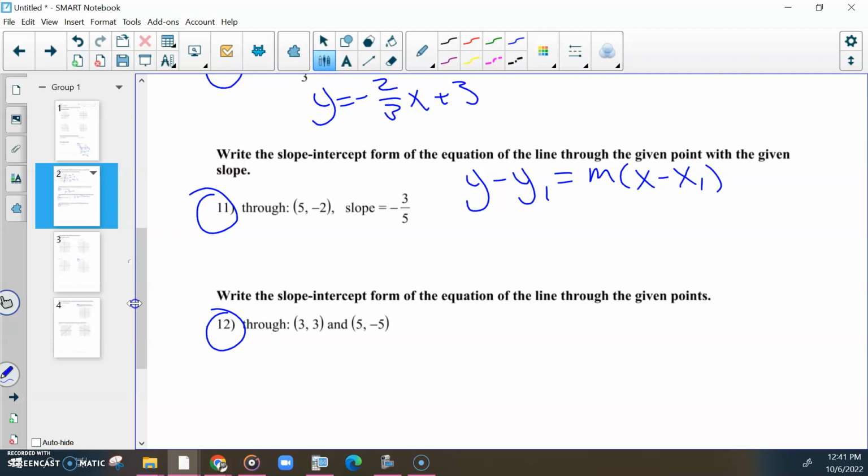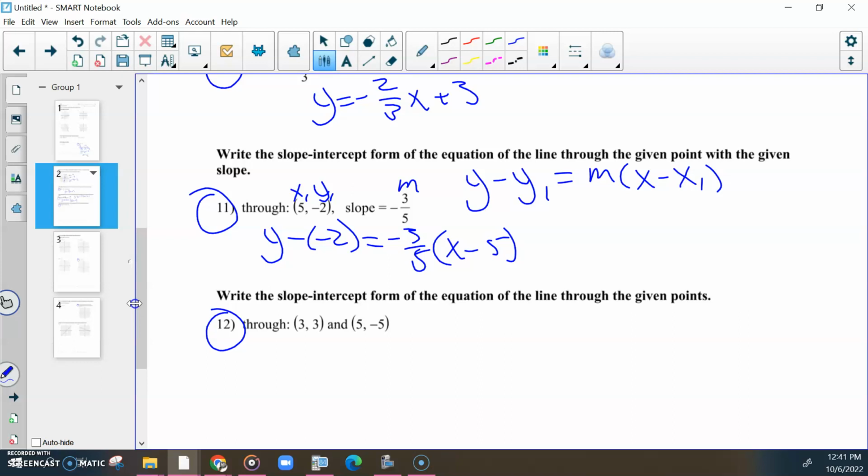So for 11, you have your point, you have your slope. This is your x1, your y1, your m. Put each of these in. So this will be y minus our y1 is -2. Our slope is -3/5. X minus our x1 is 5. Distribute on the right.